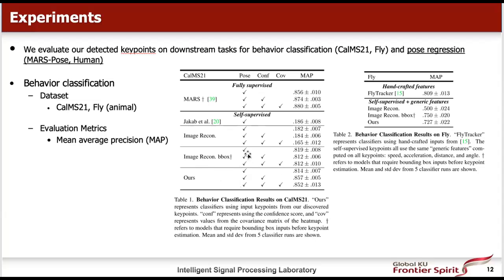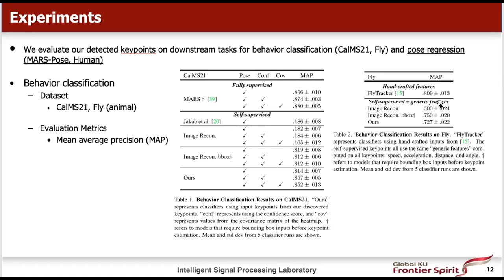And if we give some information to the image reconstruction based methods, for example, the bounding box location, the performance will achieve a big improvement. But still, the proposed methods has achieved the best performance results.